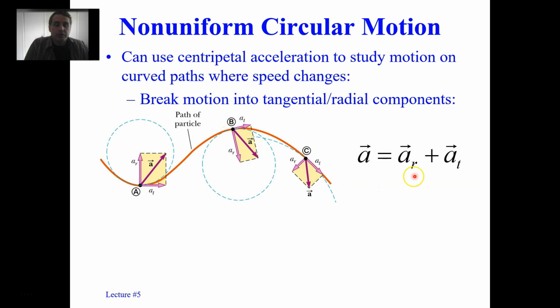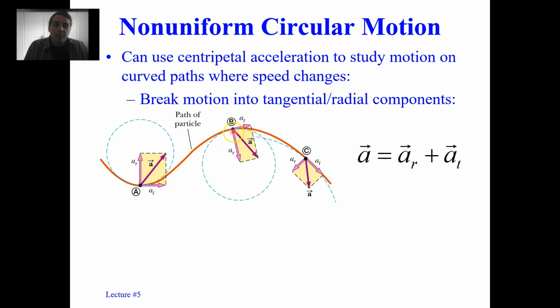Okay, so notice the total acceleration vector is the radial acceleration vector plus the tangential acceleration vector. So at any point of interest, the total acceleration vector is given by the sum of the acceleration tangent to the path and the acceleration perpendicular to the path.